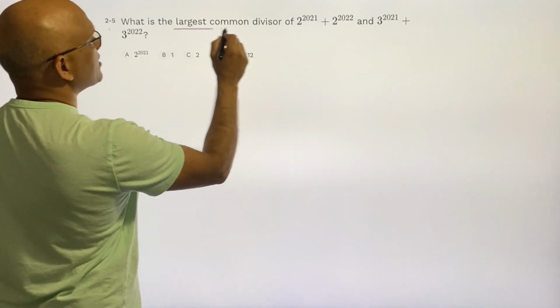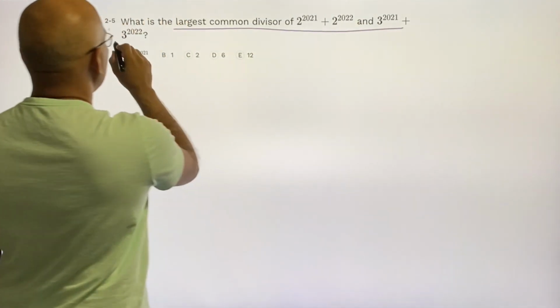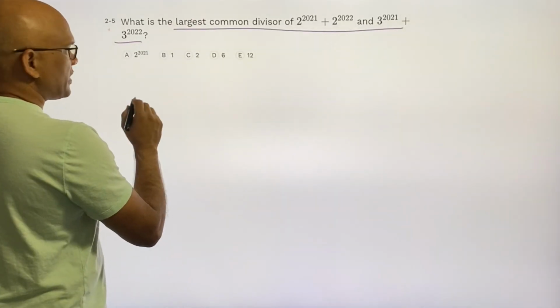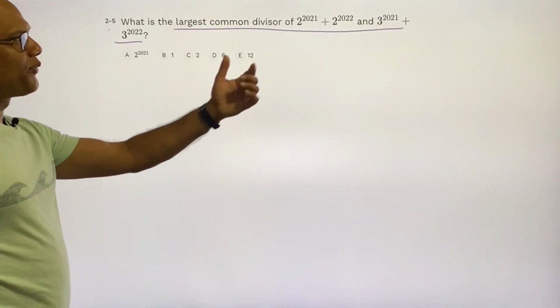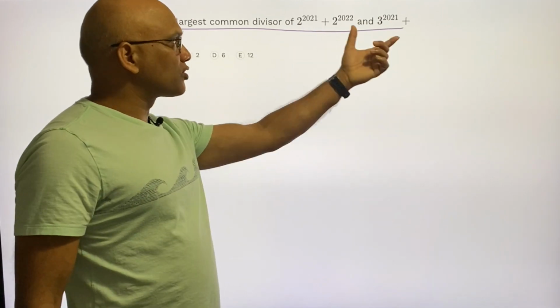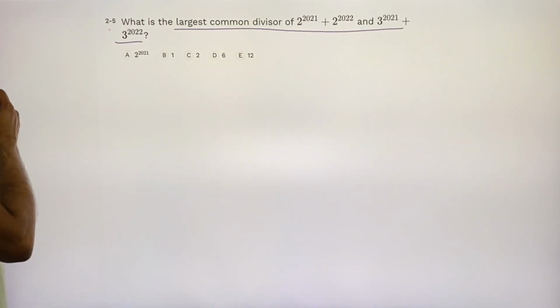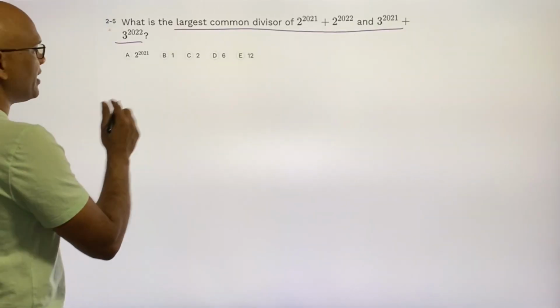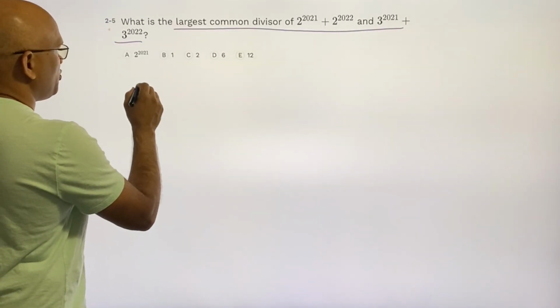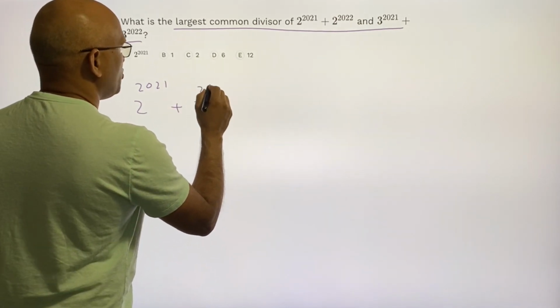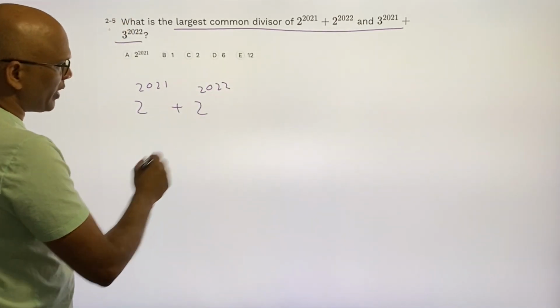What is the largest common divisor of these two numbers? Okay, so let me try to find the common factors, and then that will be the largest common divisor, right? So 2 to the power 2021 plus 2 to the power 2022.